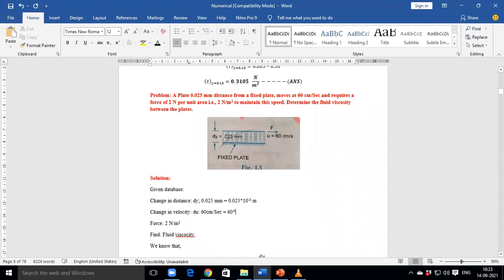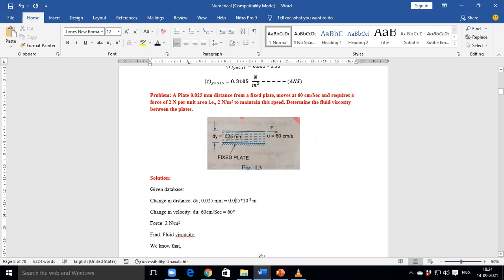Mm to centimeter is 10 to the power minus 2, and centimeter to meter is 10 to the power minus 2. 100 centimeter is equal to 1 meter. How will you convert 100 centimeter to 1 meter? 100 into 10 to the power minus 2 meter.